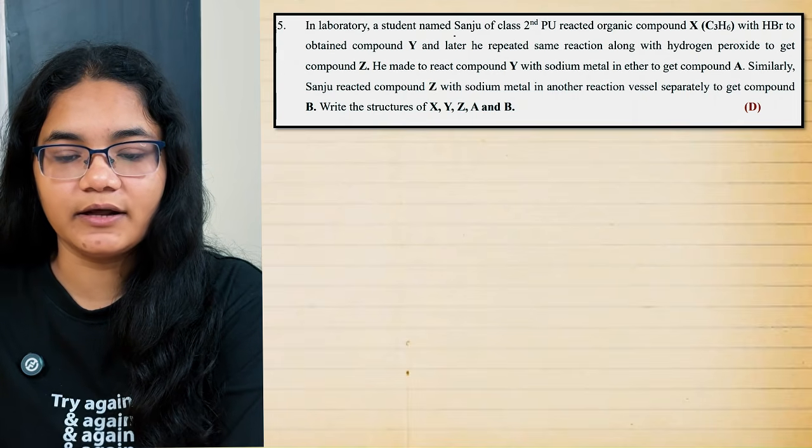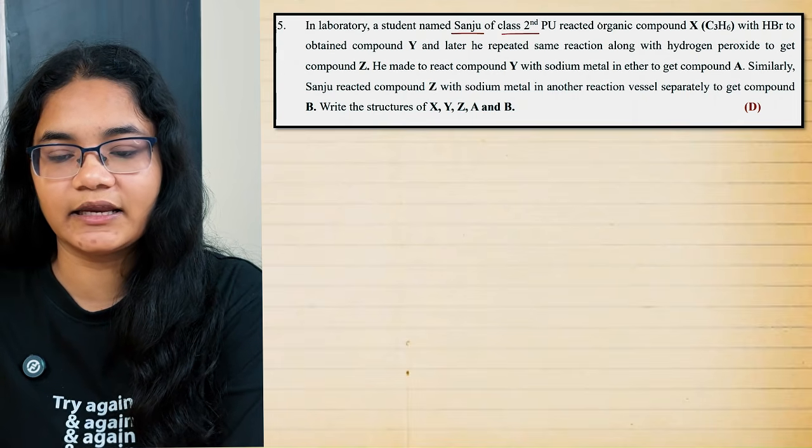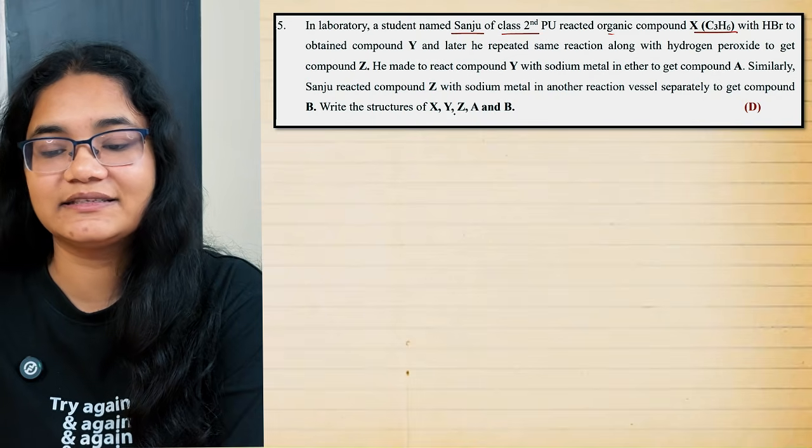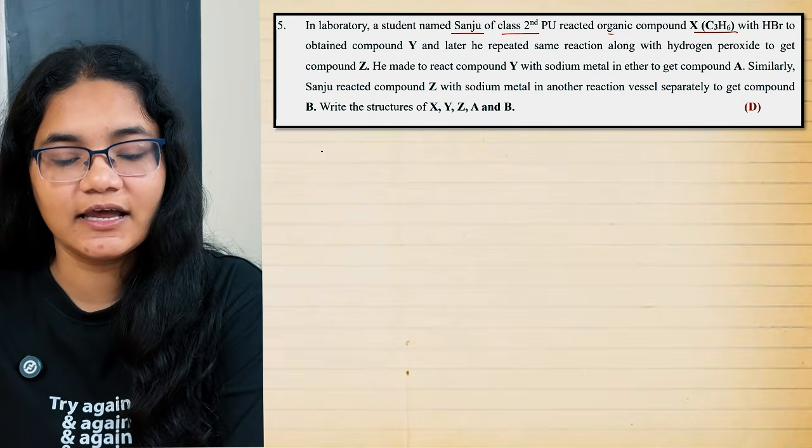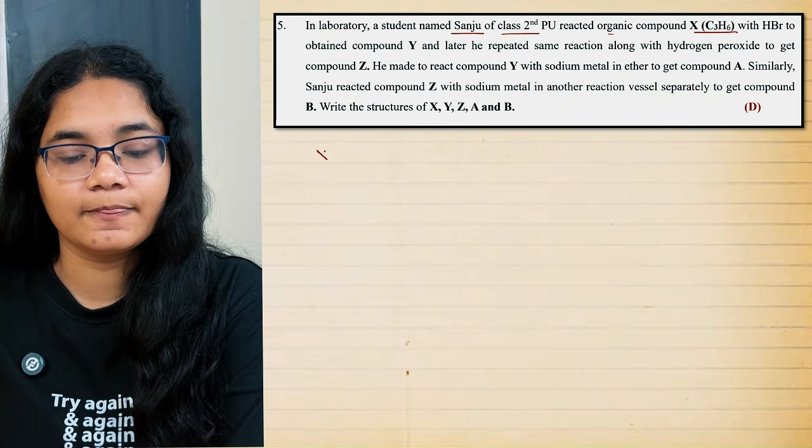Okay, now we will move to question number 5 here. In the laboratory, a student named Sanju of class 2nd PU reacted the organic compound C3H6. So C3H6, you know, it is nothing other than your propene.